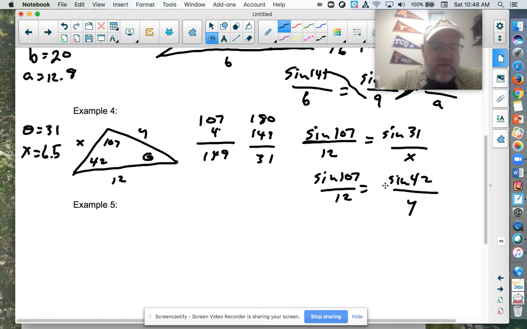So if I said sine of 42 times 12 equals divided by sine of 107 equals, and it tells me it's 8.4. So that last value that is y, 8.4. Great.